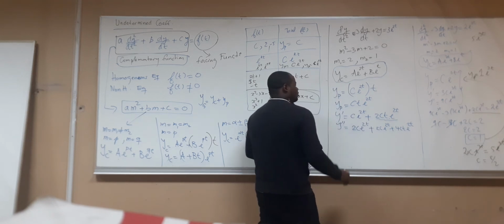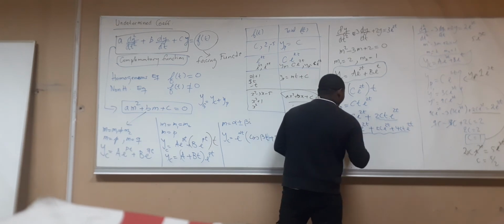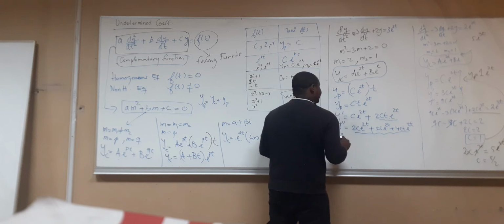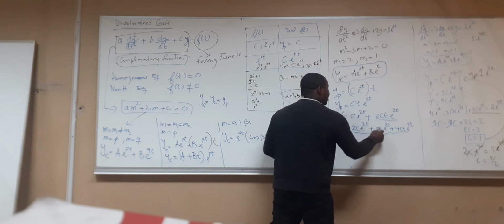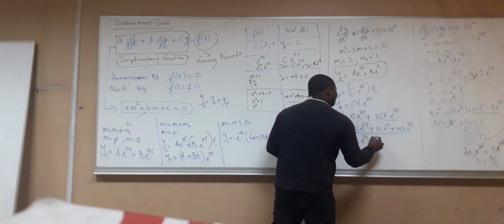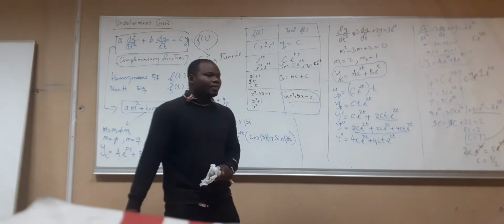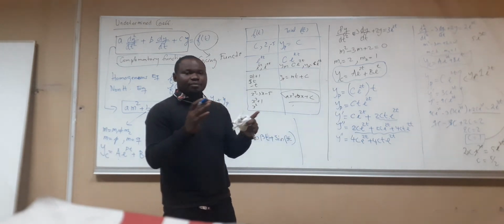You can rewrite this properly. I have y second differentiation. You can see these things are the same thing, so I'm going to have 4c e to the power 2t plus 4ct e to the power 2t. That's one of the simplifications.